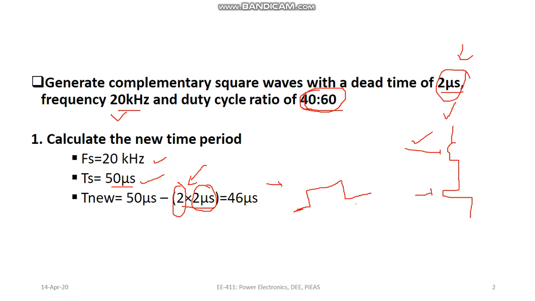If this is my first wave and this is my second waveform, so I want to introduce a 2 microsecond dead time in this region and another 2 microsecond dead time at this stage. So that's why I have multiplied this by a value of 2.